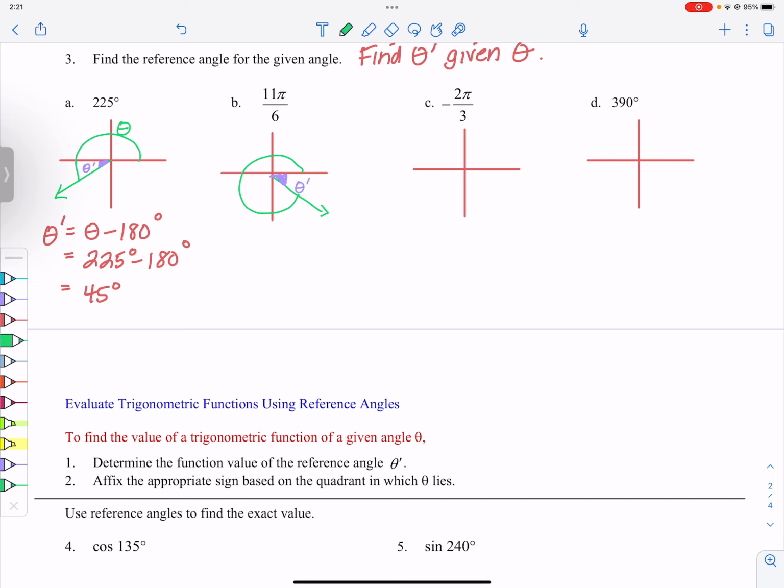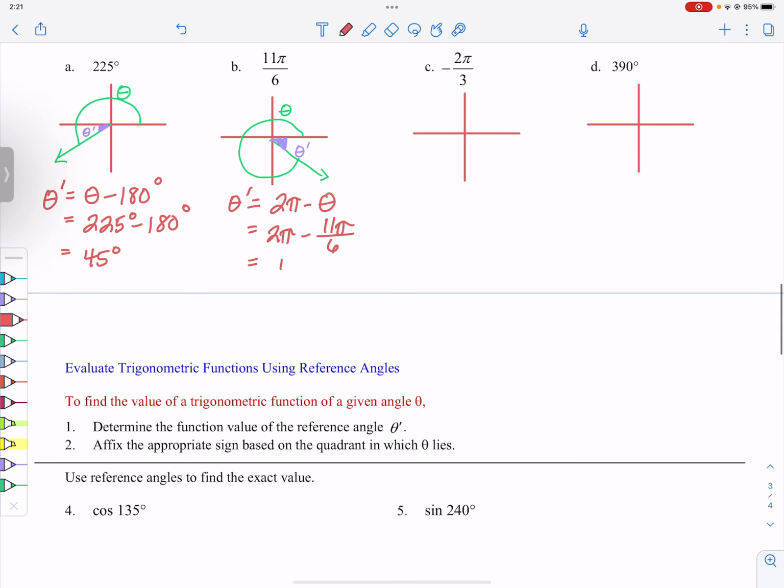And of course, this green is theta. So what would we do? Theta prime this time is going to be all of 2 pi minus theta that they gave us. So 2 pi minus 11 pi over 6, and that is pi over 6.